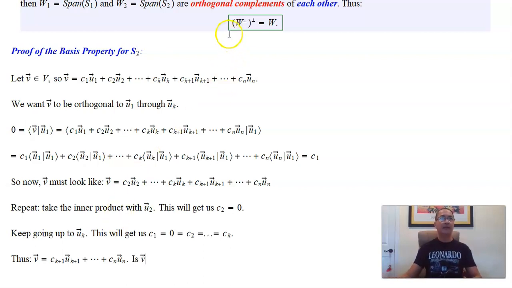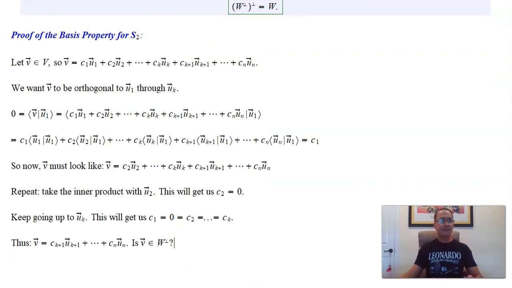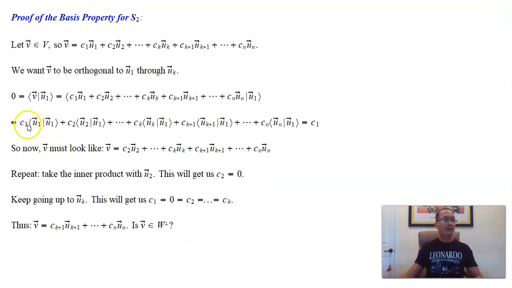Is V in our orthogonal complement? Is V already in W? We're going to play the same game. We will take the inner product of V with U1.